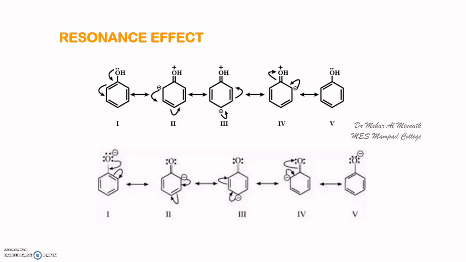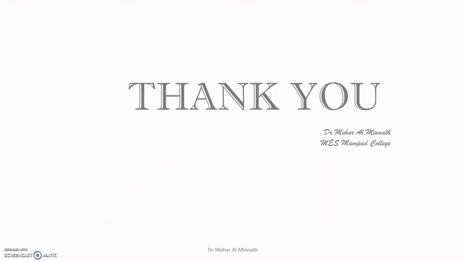When electron withdrawing groups like NO2 or CHO are present, or electron donating groups like OH or OCH3 are present, they influence the acid strength of phenol, and also of carboxylic acids, and the basic strength of amines. That we have already discussed under the nature of substituents. So these are the factors which affect the strength of acids and bases. Thank you.